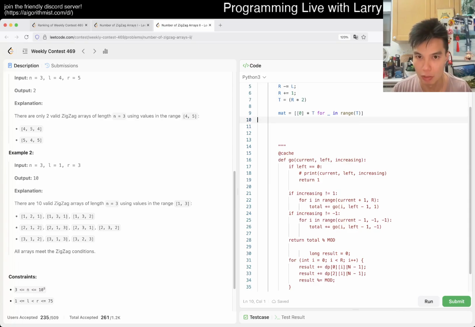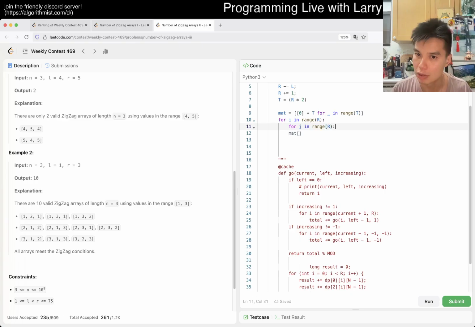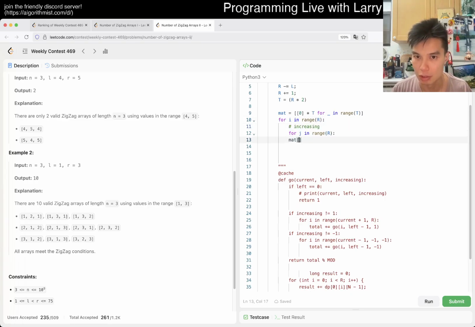So now it's going to be for I in range of R. This is increasing, say, so this is actually I plus 1. No, it's the reverse, right? So it's going to be T plus J is equal to 1, or the other way around. I don't know.